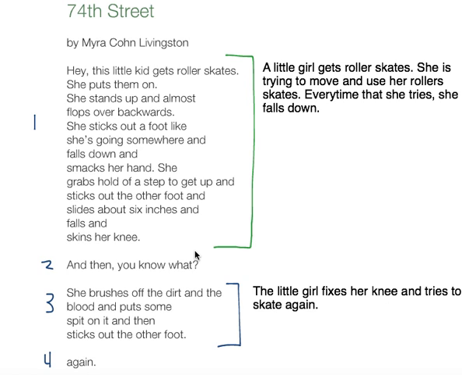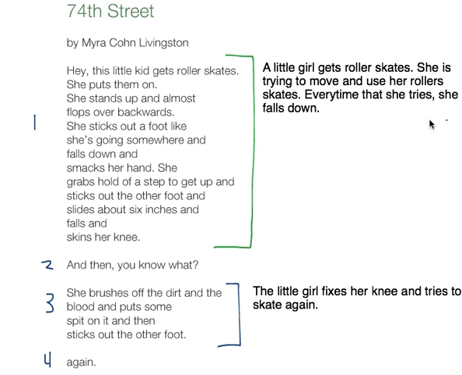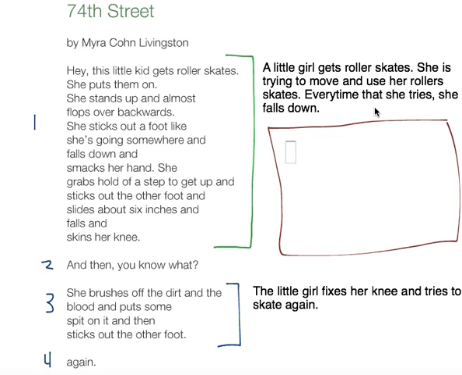So I have summarized the two main parts of my poem. There's a little girl who gets skates and she's trying to move and use her roller skates. Every time she tries, she falls down. The little girl fixes her knee and tries to skate again. Now for an overall summary, I'm going to type it in this box right here. I'm going to combine the two different stanzas from this poem.